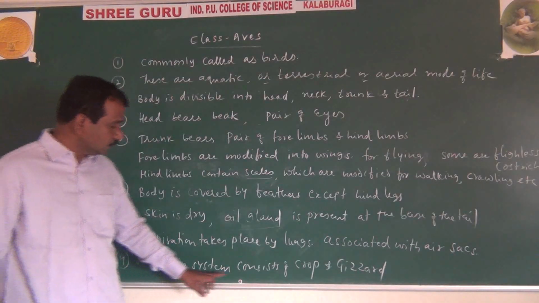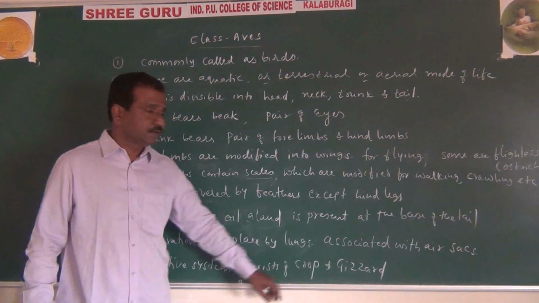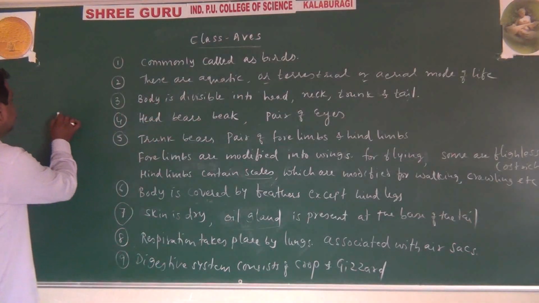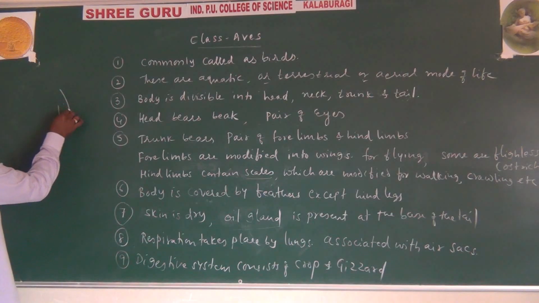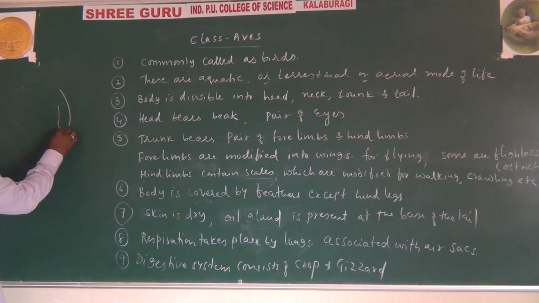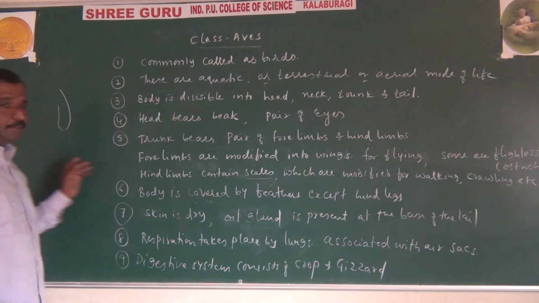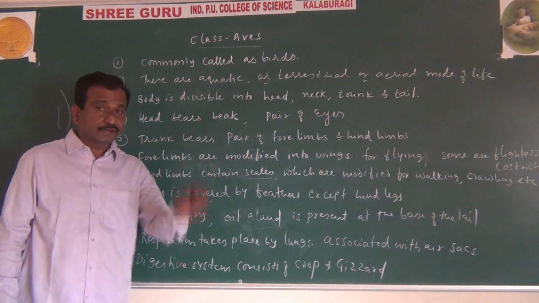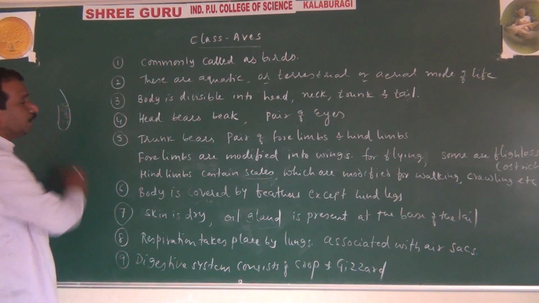The crop is meant for storage. This is the crop, a crop-like structure you can see. The crop is nothing but the extended part of the esophagus, and here storage of food takes place.